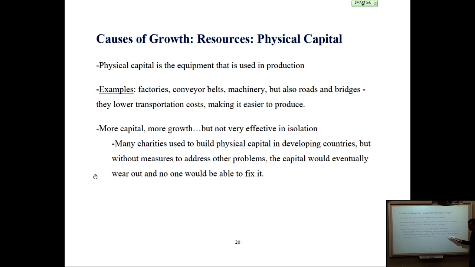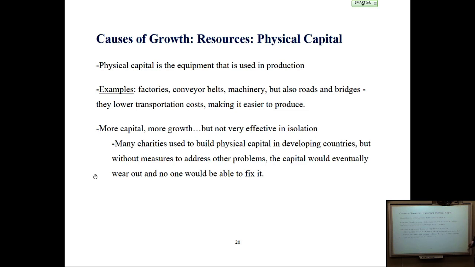If a country has more roads and bridges, that can help the firms get their goods to market or help them export their goods. That's also beneficial for growth. As a result, there are lots of interventions out there trying to help poor countries accumulate more capital. They thought that if we only got them more capital, that would get them back on the path to growth and that would make them prosperous.